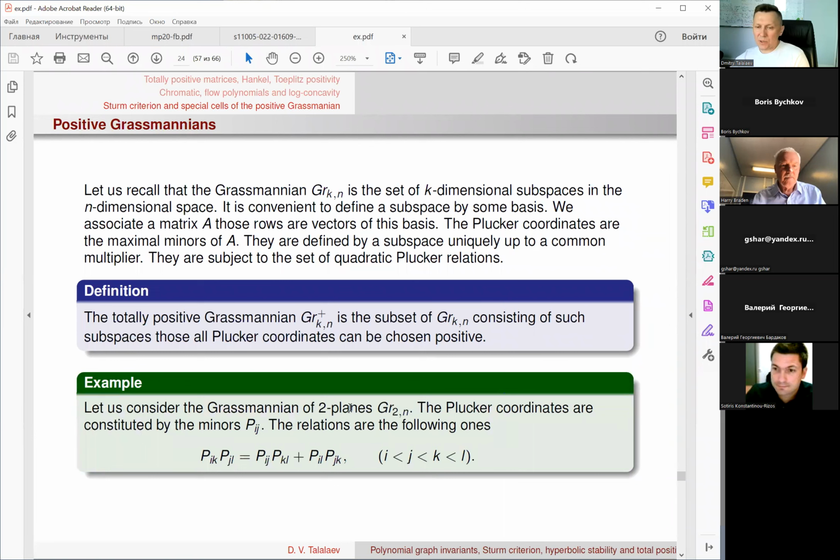In the case of the Grassmannian of two-planes in n-dimensional space, one has Plücker coordinates parameterized by two indices i and j, and one has Plücker relations which are quadrics and which are represented by these formulas.